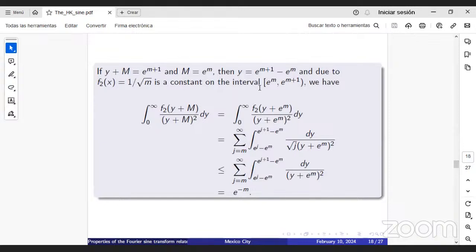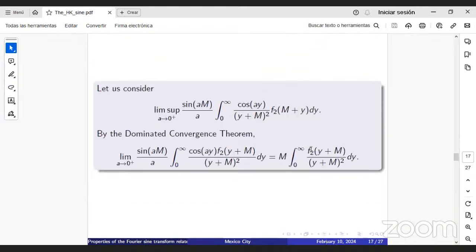If this is the same variable, then the function f2 is a constant on the interval. We have the following. Let's solve the considered mathematical object by the dominated convergence theorem.